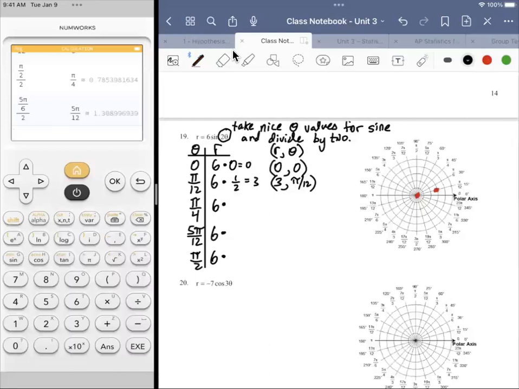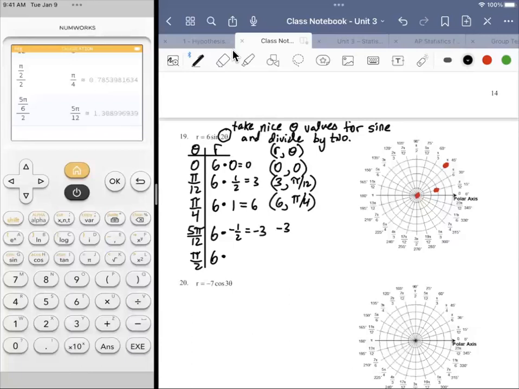Pi over 4 doubled is pi over 2. Sine of pi over 2 is equal to 1. So 6 steps in the direction of pi over 4. I'm going to put me about right here. 5 pi over 12, doubled, is 5 pi over 6, sine of which is negative 1/2.